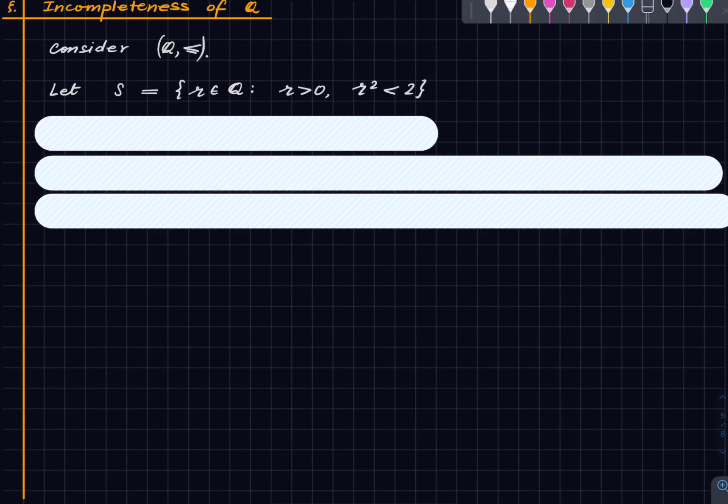Define S as all those rational numbers which are positive and whose square is less than 2. This is a non-empty set because, for instance, the rational number 1, which formally is 1 by 1, satisfies this.